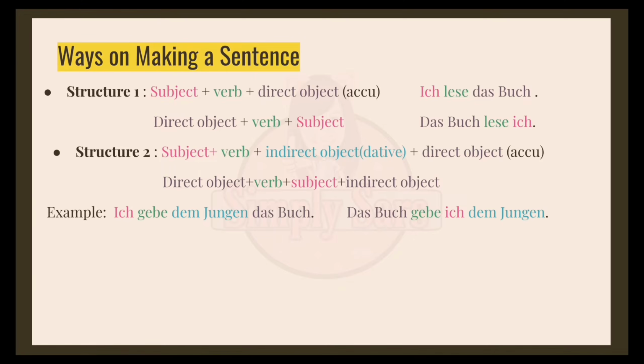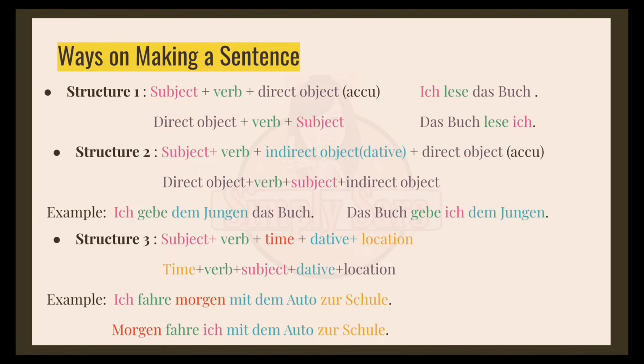Another structure, the last structure, is the subject, verb, time, dative, and location. So ngayon, sabi ko sa inyo, medyo advanced na pag may time ka na at saka location, hindi lang subject, verb, and accusative ang gagamitin mo. So pwede mo din gawin na time, verb, subject, dative, location. Paano mo malalaman na uunahin mo si time and then the location?